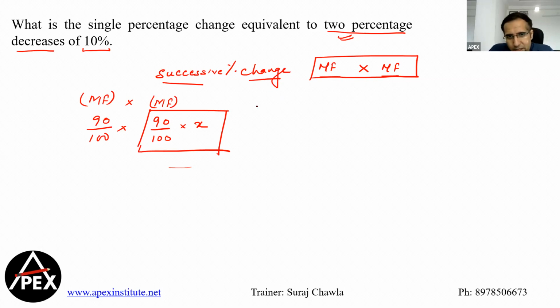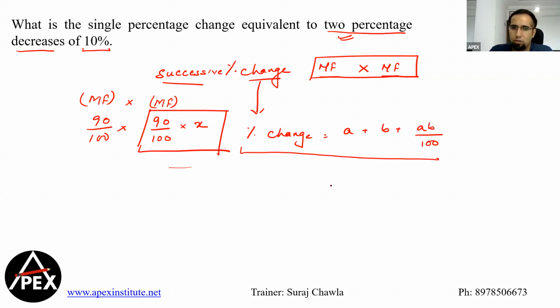Now, in successive percentage change, the overall percentage change is determined by the formula A plus B plus AB divided by 100. This will be the overall percentage change. So there's a decrease of 10 percentage, there is another decrease of 10 percentage, plus minus 10 into minus 10 by 100.